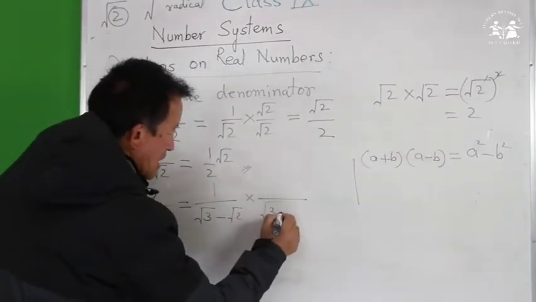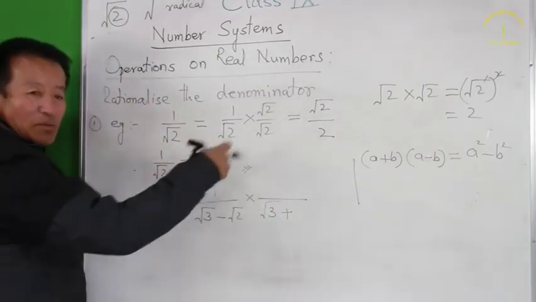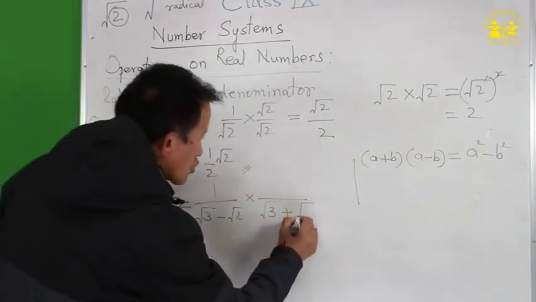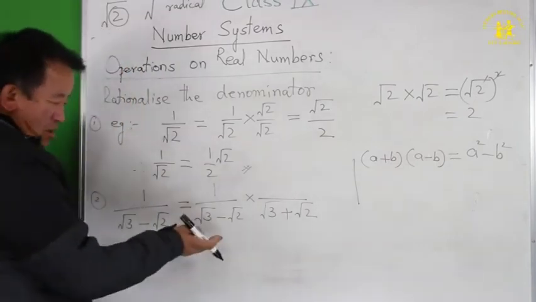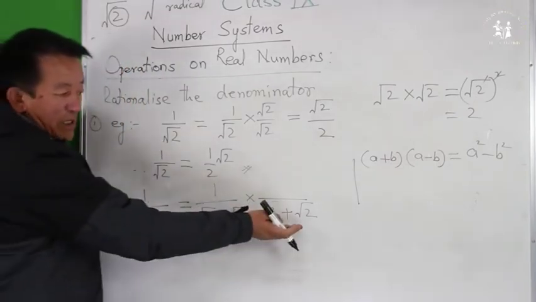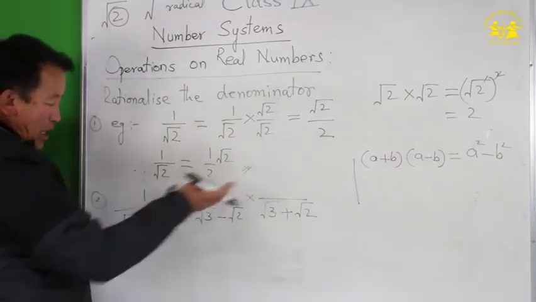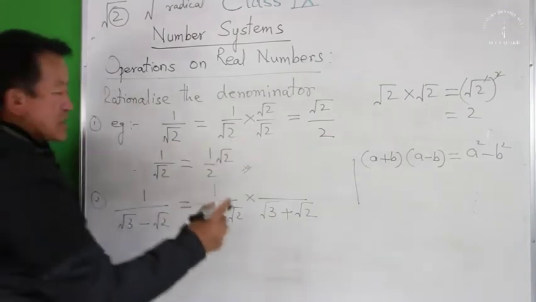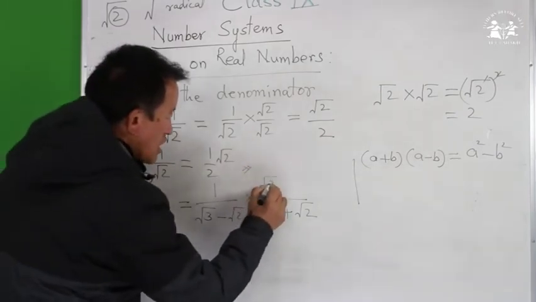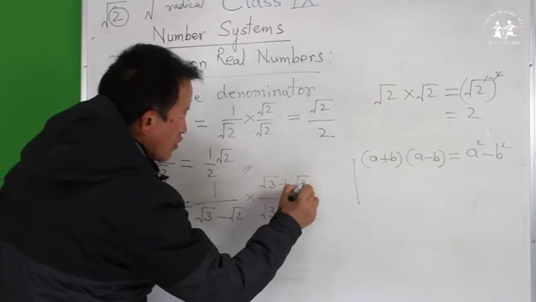Square root of 3 plus, the sign opposite, square root of 2. Now the denominator we multiply, and the numerator also we multiply. Square root of 3 plus square root of 2.